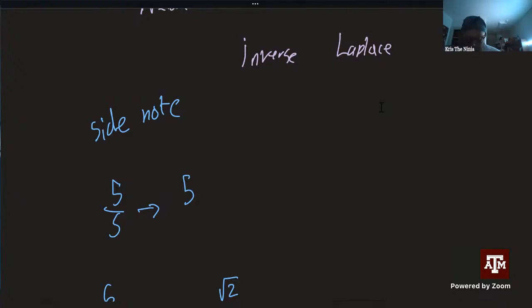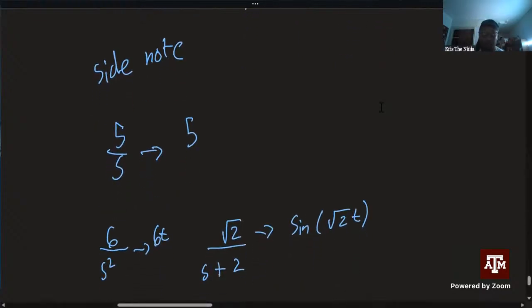That would convert back into 5. This would convert back into 6t, and this would convert back into sine of square root of 2 t, if that s was squared.